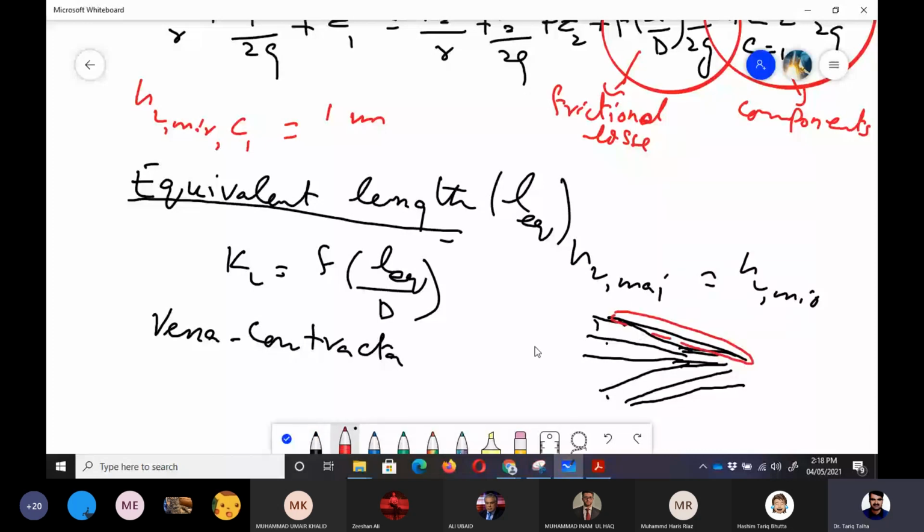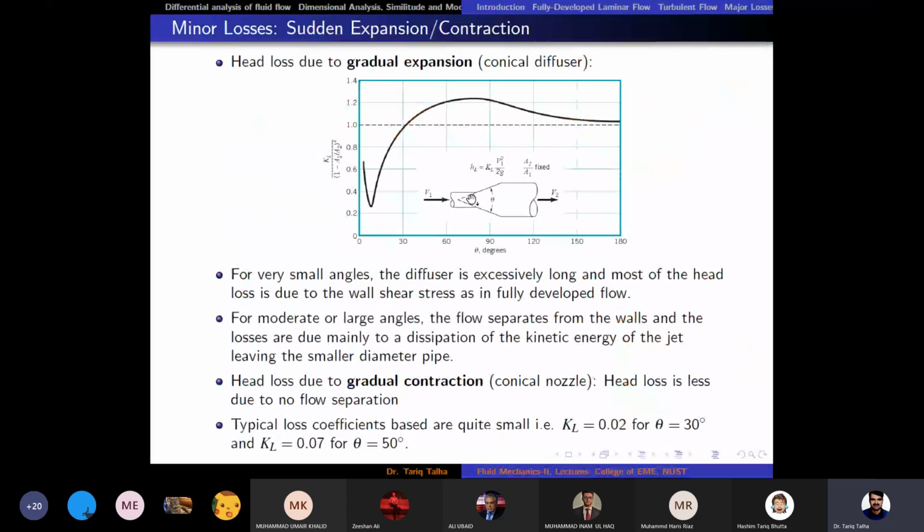For the diffuser, because the streamlines are diverging in this case, flow separation would be quite likely. But for the case of this contraction, the likelihood of flow separation is very less.